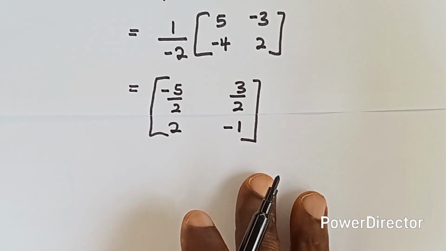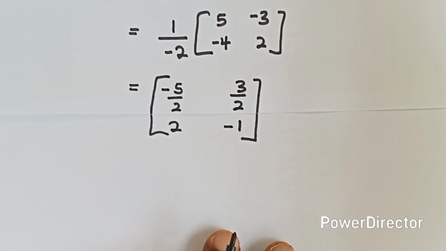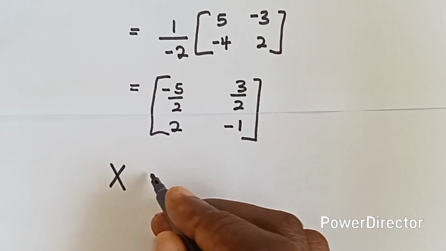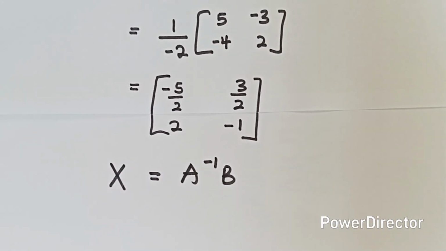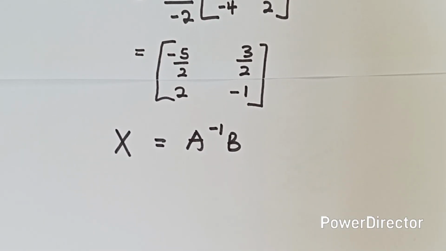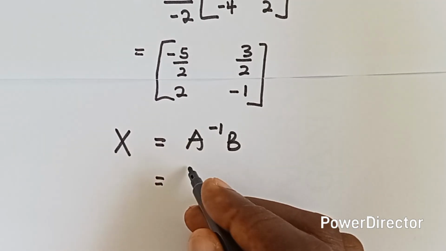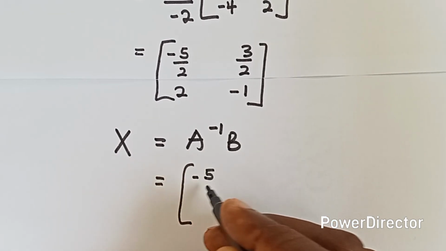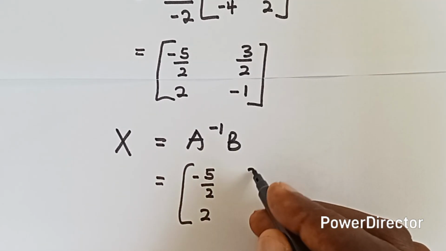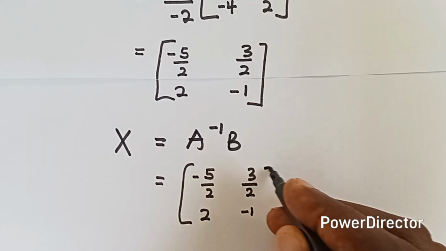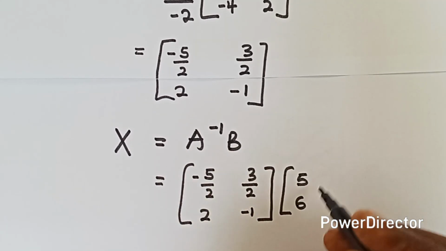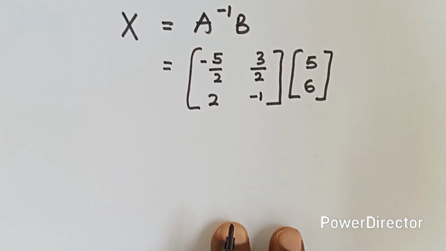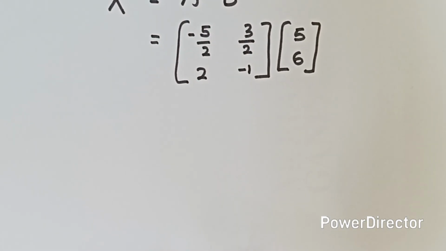That is our inverse. Don't forget that for us to find X, it is the inverse of A multiplied by matrix B. We have the inverse of A, and we know what the matrix B is. So we are going to do minus 5 over 2, 2, and then 3 over 2, minus 1, multiplying B. Remember that our B is 5, 6. Now from here, what is our x and what is our y?